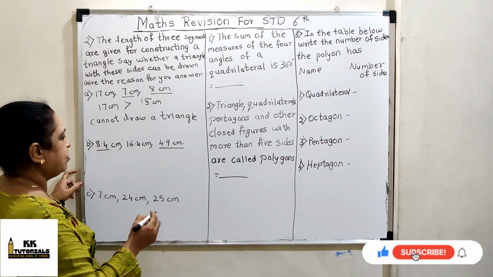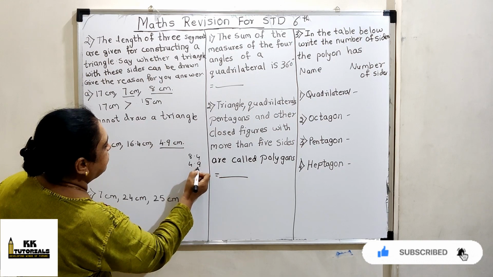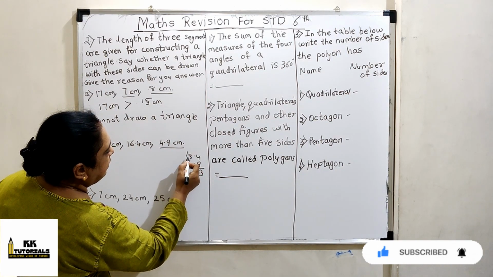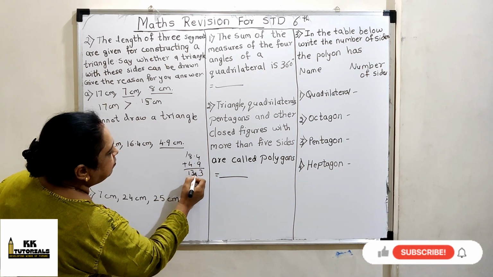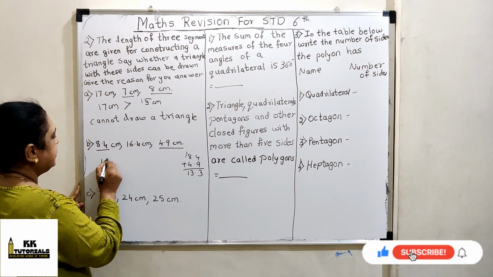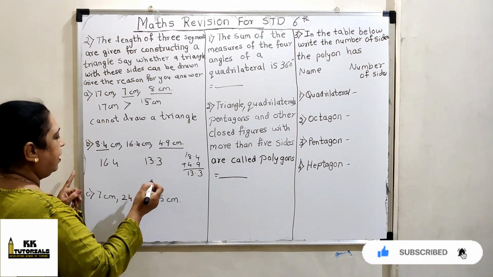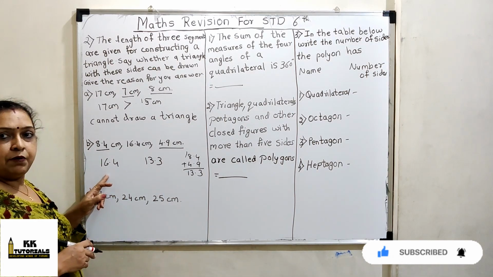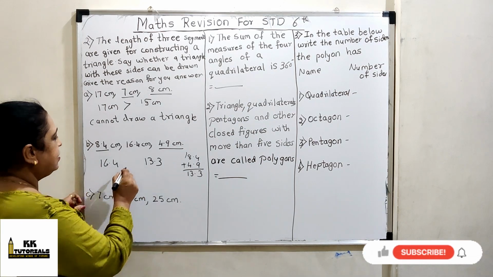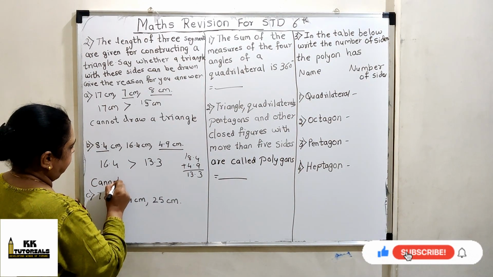When we add these two numbers, it's 13.3. Okay. Now, here it is 16.4 and this is 13.3. Again, the third number is greater than this number. Okay. So here also we cannot draw a triangle.